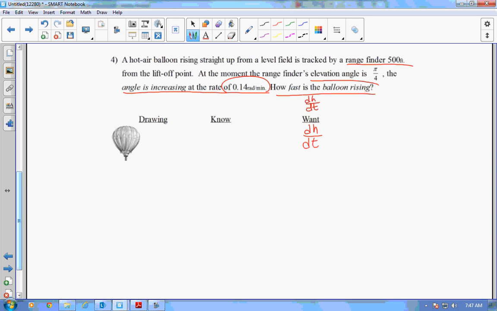What's increasing over time? The angle. So what can we call the angle? What do we usually mark in angles? Theta. Yeah. dθ/dt. We know dθ/dt is 0.14 radians per minute.